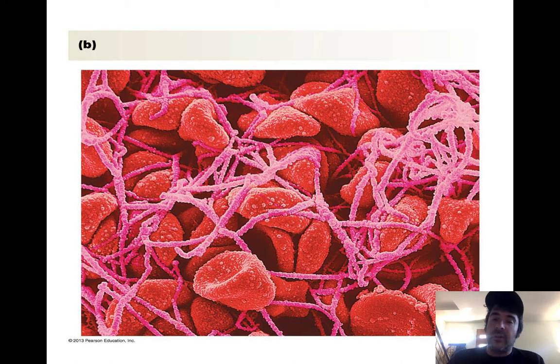Again, this is an intro class, and we gloss over a lot of what you need to know, but fibrinogen is a protein produced by the liver. Fibrinogen is soluble in blood plasma until the blood clotting pathway has been activated. So fibrinogen is floating around just in the blood plasma.